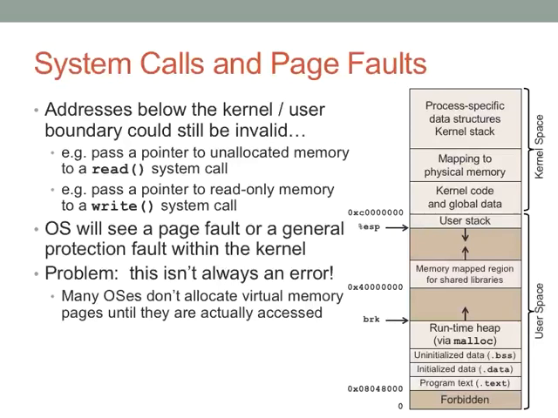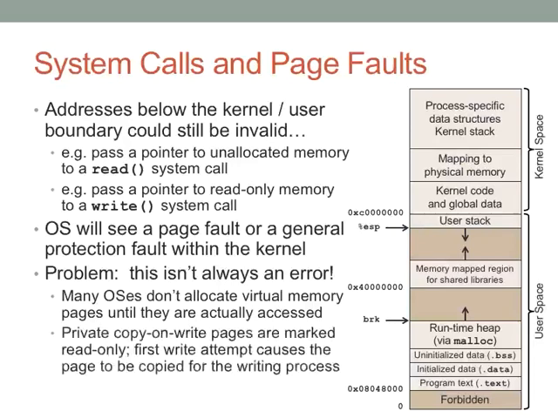So that may just mean I need to do some extra work. Or I may have a situation like copy on write, where I have a page that's shared by multiple processes and they think it's read-write, but I made it read-only so that when they change it, I can duplicate it and allow a process to write to its own private copy of it.